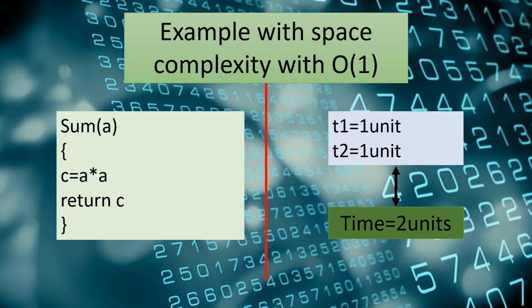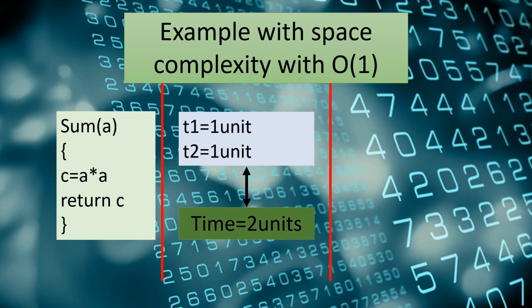Therefore, total time required to perform the operations equal to t1 plus t2, which is equal to 2 units. We can see that time required is always equal to 2 even when the value of a is being changed.